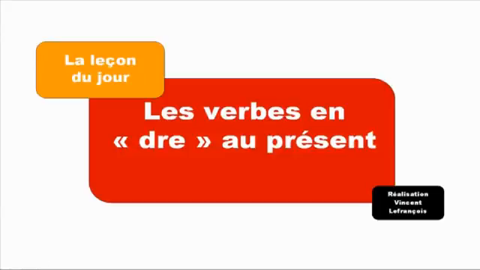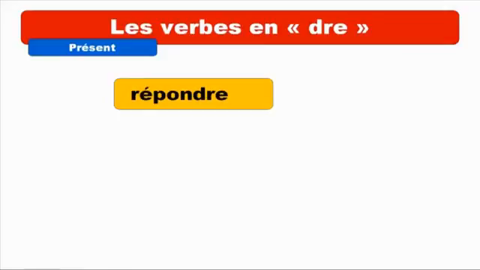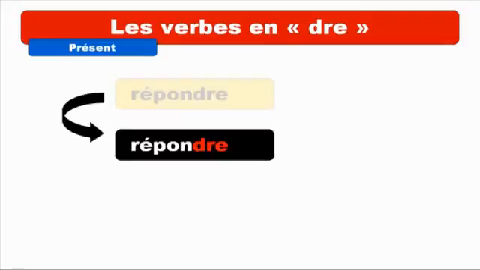And so today we'll see les verbes en -dre au présent, but be aware that of course, as usual in French, we've got many exceptions, so they don't include all the -dre verbs. But anyway, let's have a look at répondre, which is one good example for this category of verbs.